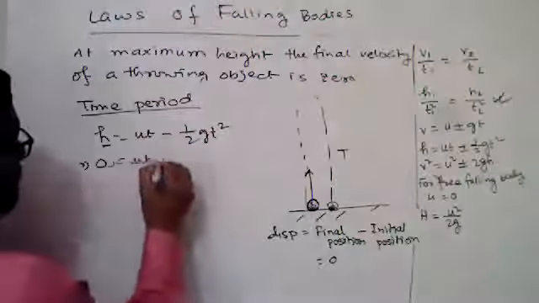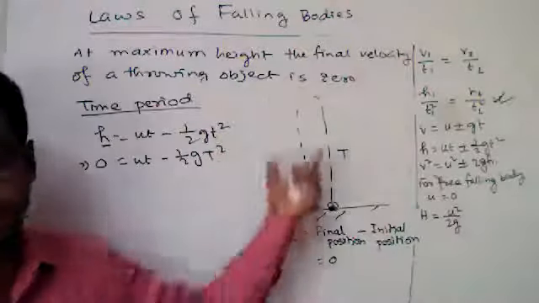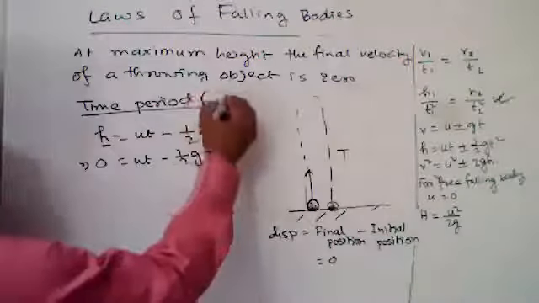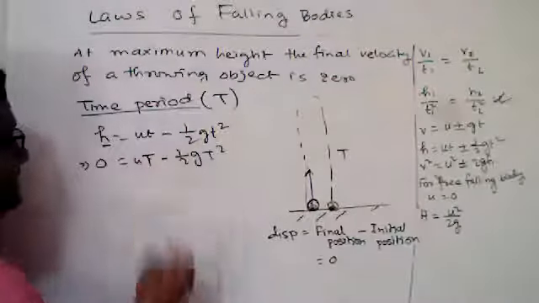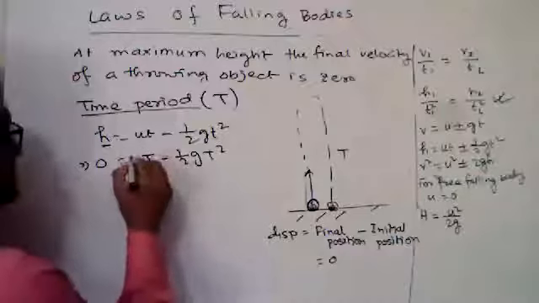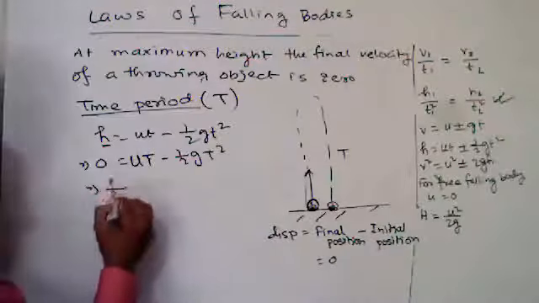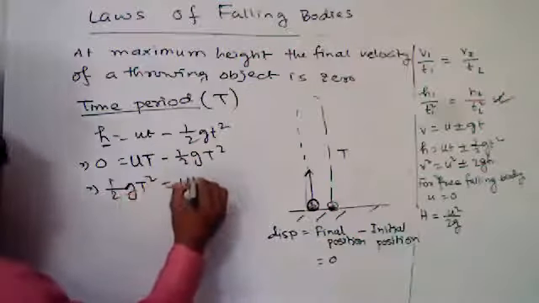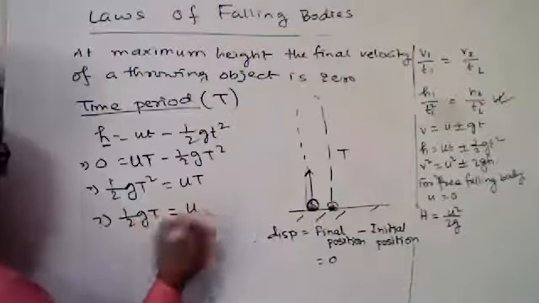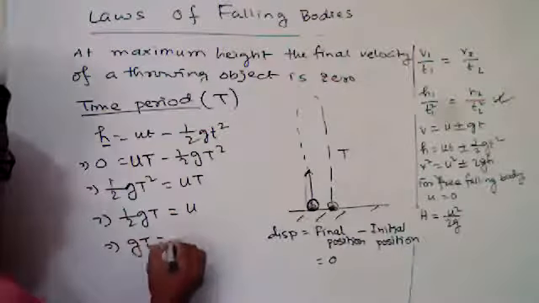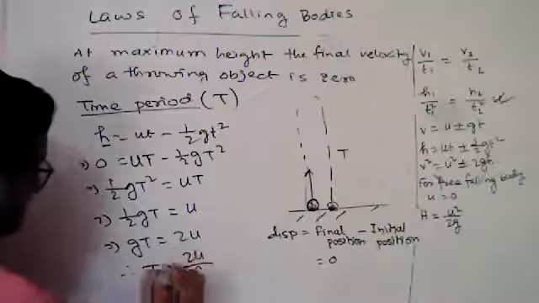Suppose the required time, or time period, is capital T. So 0 equals to uT minus half of gT square, so half of gT square equals to uT, so half of gT equals to u, so gT equals to 2u, so T equals to 2u by g.